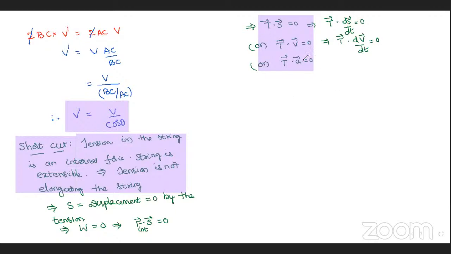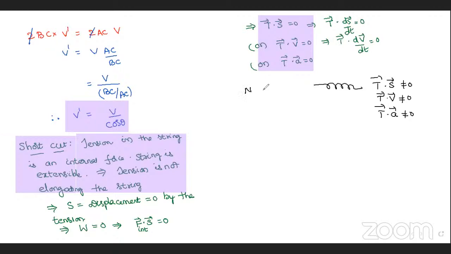Indirectly what I'm saying is, in case of a spring, don't use this shortcut. In case of a spring, if you stretch, the spring elongates. In this case, T dot S equals 0 is wrong, T dot V equals 0 is wrong, T dot A equals 0 is wrong. This is in case of a spring. Clearly, only when tension is not elongating the string do we use these three shortcuts.